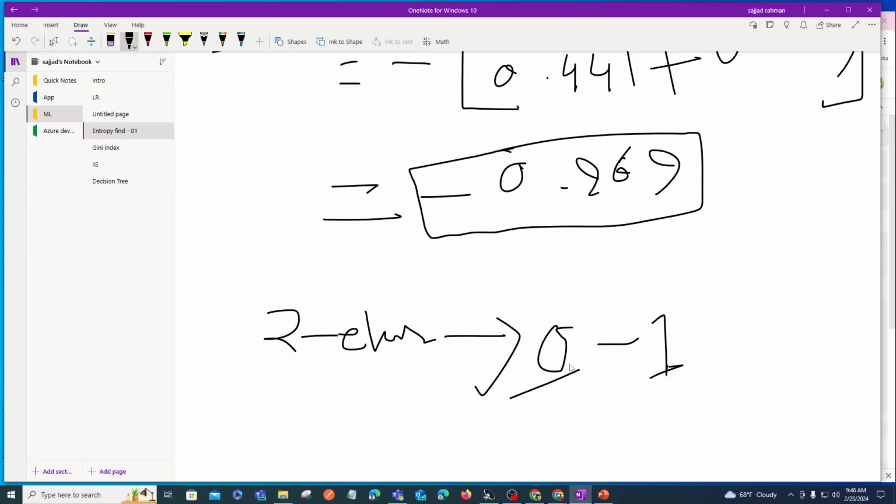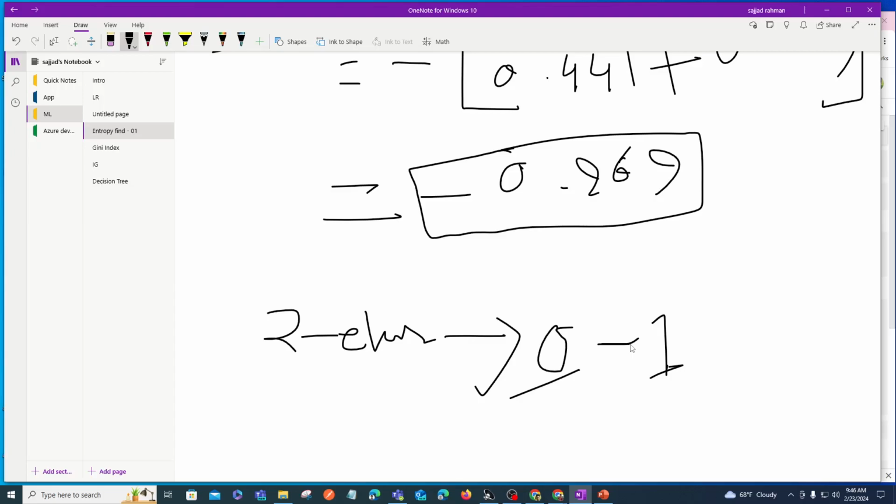And if the value is near 1, that means our randomness is high. So 0.96 is close to 1, so high randomness. If we pick any value randomly, we cannot say whether it is yes or no. So there is a high chance it can be anything.